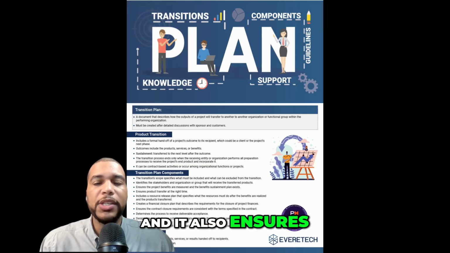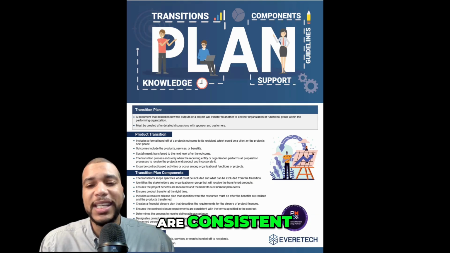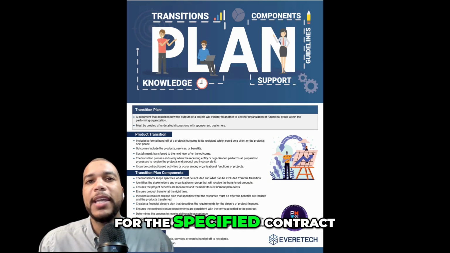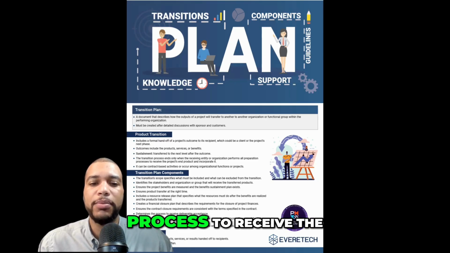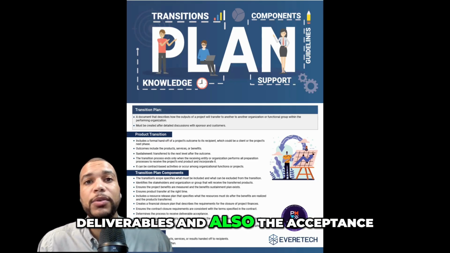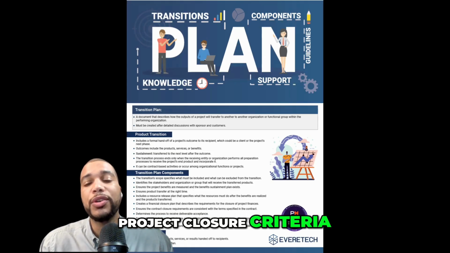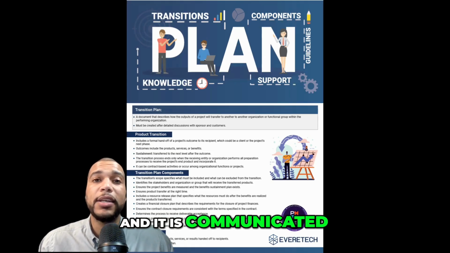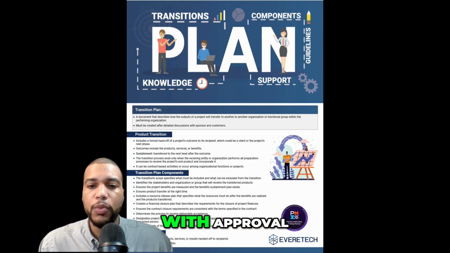And it also ensures contract requirements are consistent for the specified contract and that's in place. It also determines the process to receive the deliverables and also the acceptance.